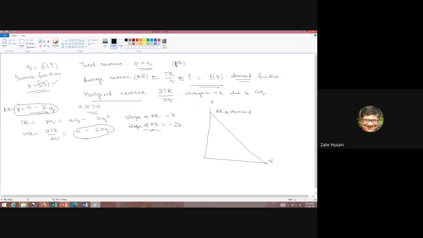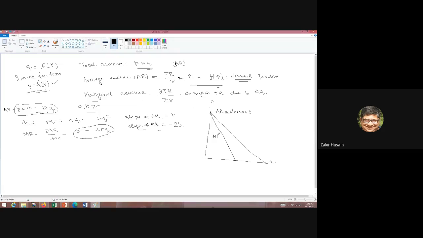Okay. Now we have drawn over here, right? Can you draw a marginal revenue? What will it look like? Will it also be linear, or will it be quadratic? Linear, with double the slope. Okay, it's linear.